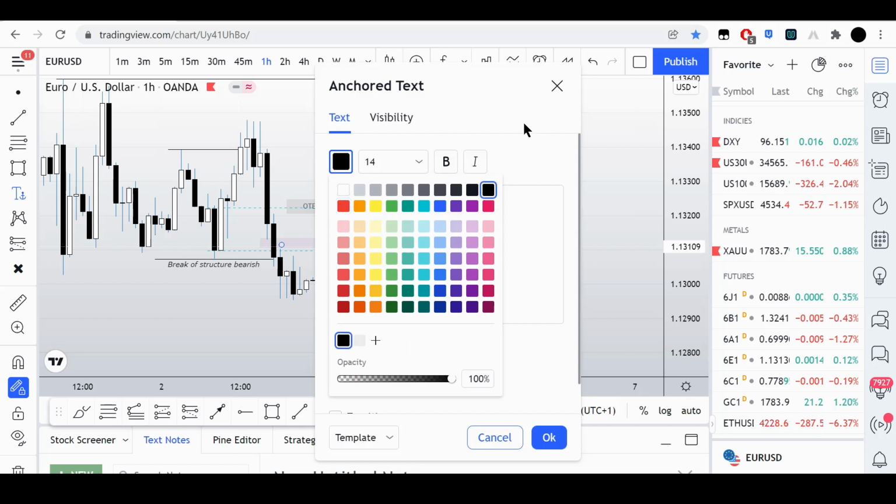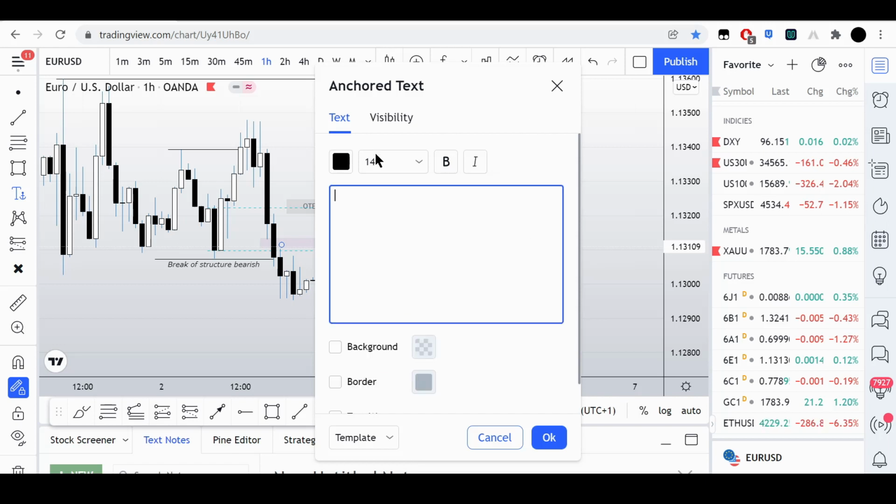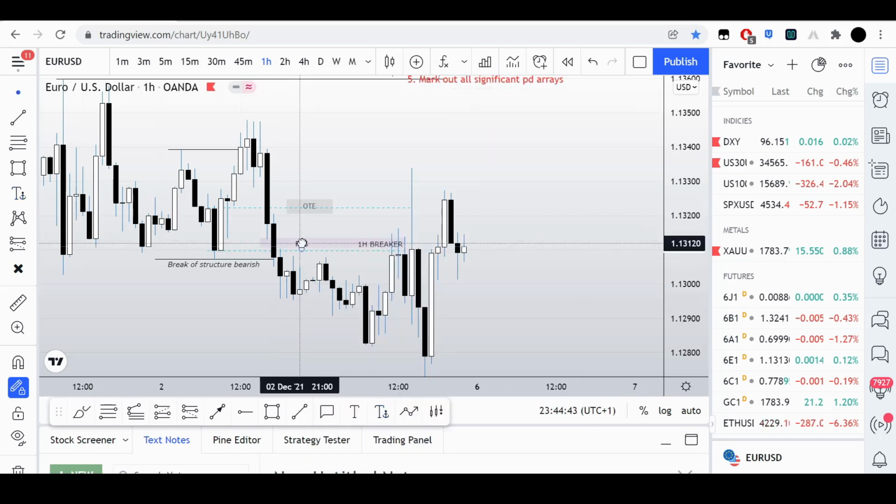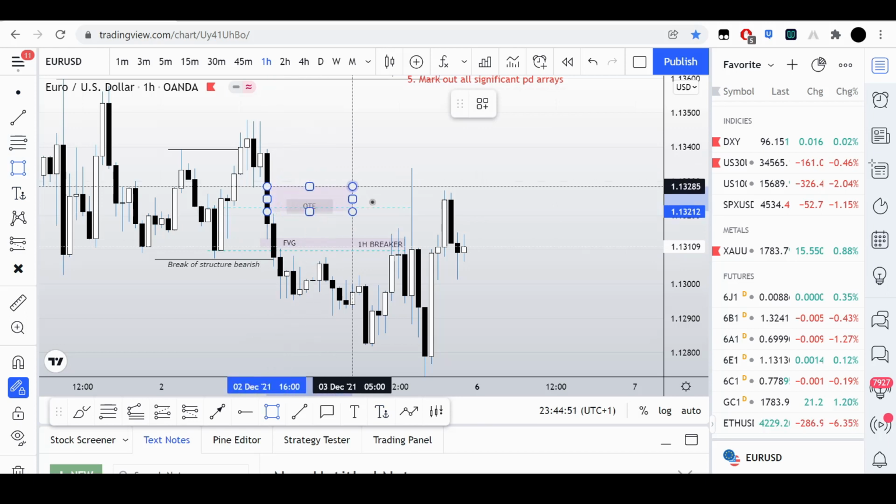I promise I did. Let's just go in and write this out then. FVG. All right. So we have our FVG. We know that the purple is our FVG. Let's go ahead and mark this out right here. I'm not gonna put the FVG in there. I'm just gonna put it like this.